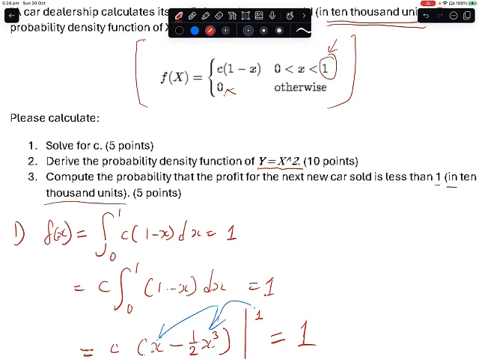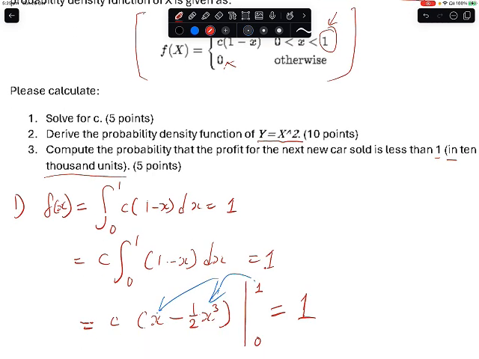So we integrate the function 1 over the square root of y minus 1, with y from 0 to 0.1, because we have calculated the probability that y is less than 0.1.